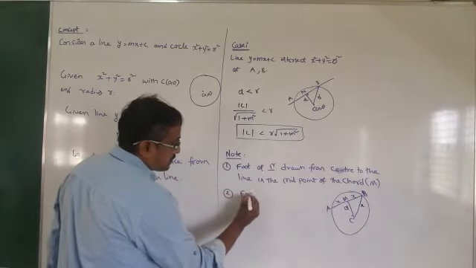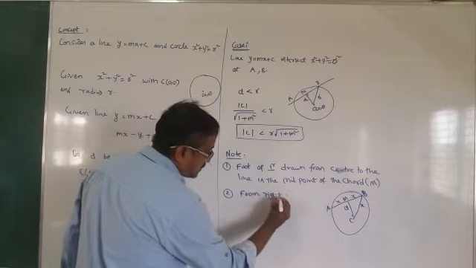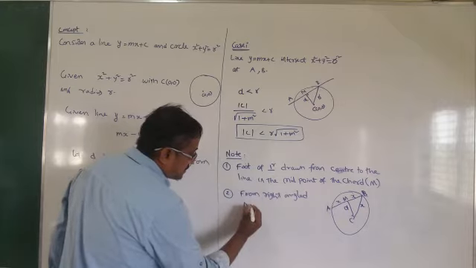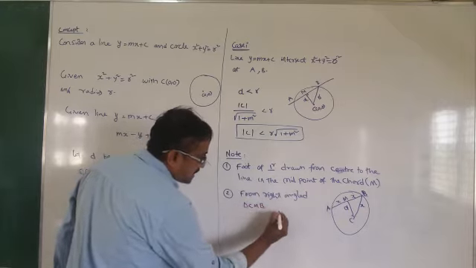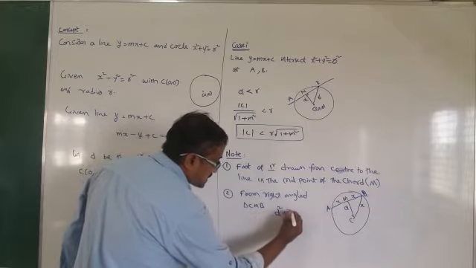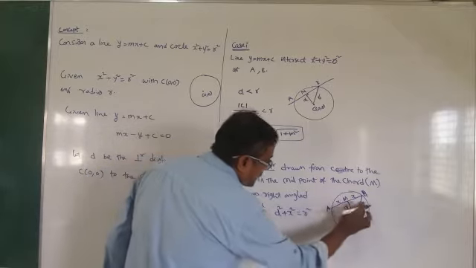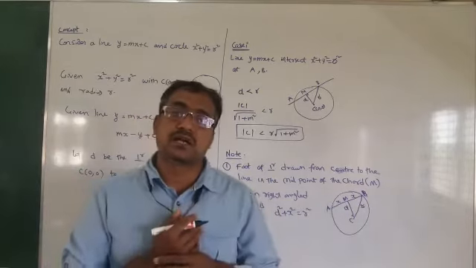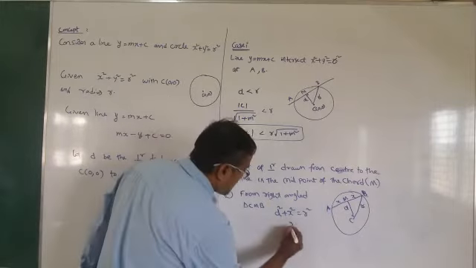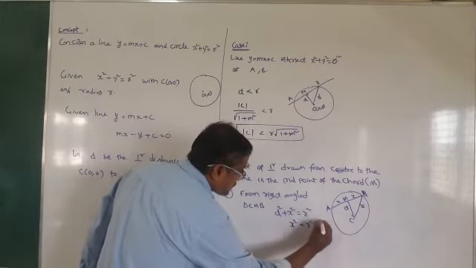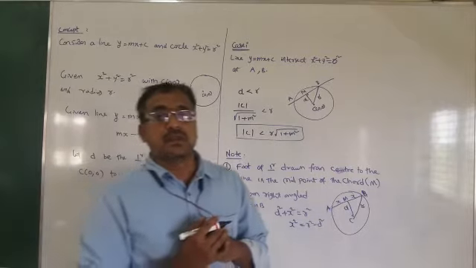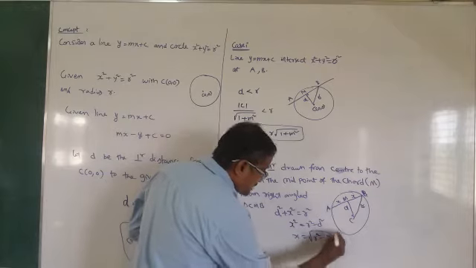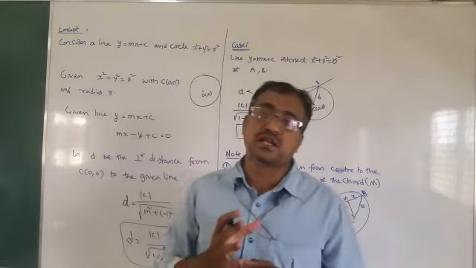Now from right angle triangle CMB, you can say that d square plus x square is equal to r square by using Pythagorean rule. Now x square is equal to r square minus d square, and x is equal to root over r square minus d square, which is half the length of the chord.